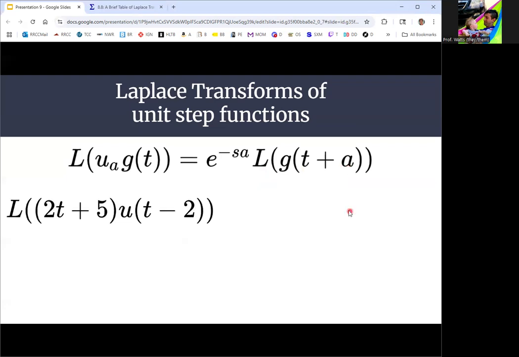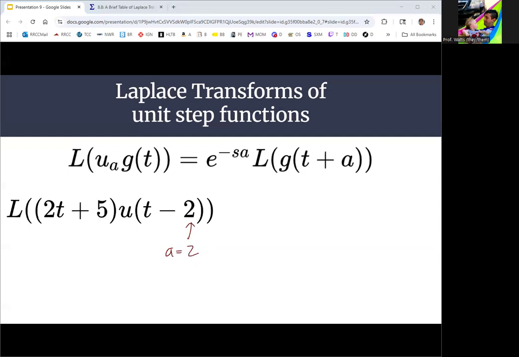Let's take an example. Here we take the Laplace transform of 2t plus 5 times the unit step function that steps up at 2. And we know that the value of a is this, right? So that tells me that a is 2.